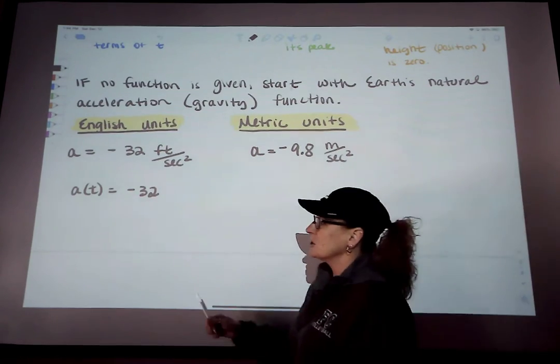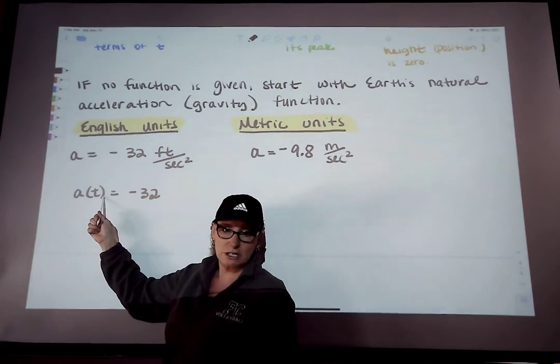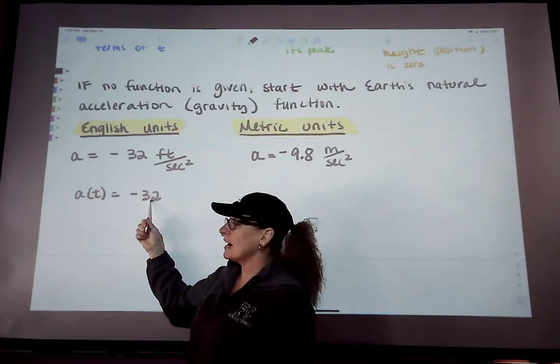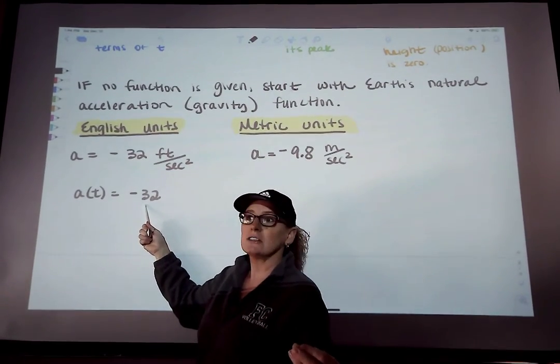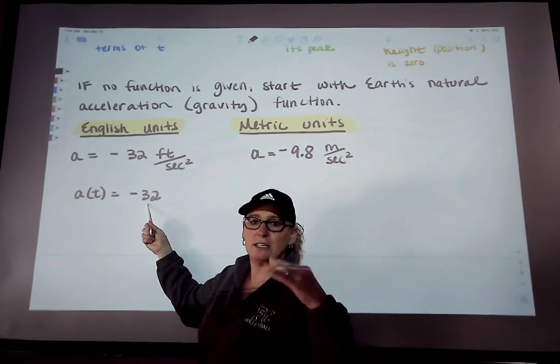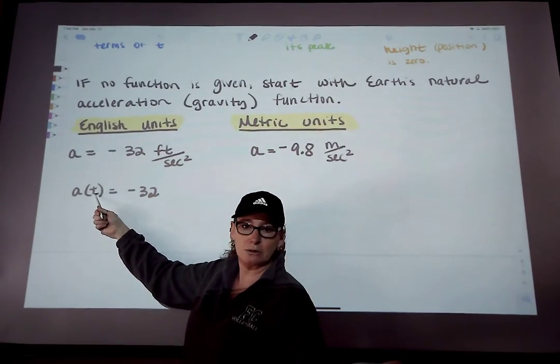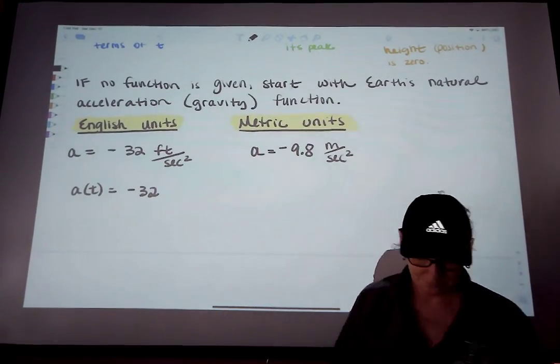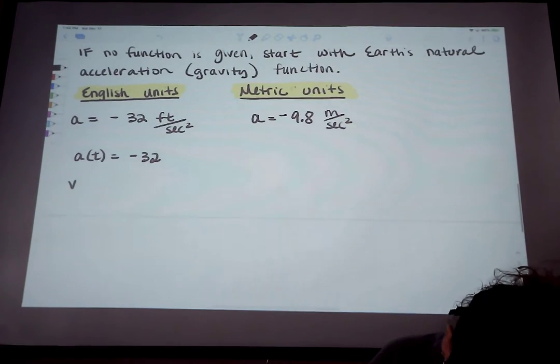Might seem kind of weird to you that I'm writing the acceleration function in terms of t, but all I have is a constant right now, so I'm declaring when I do my antiderivatives, t is going to be the variable that I'm going to use. Antiderivative.